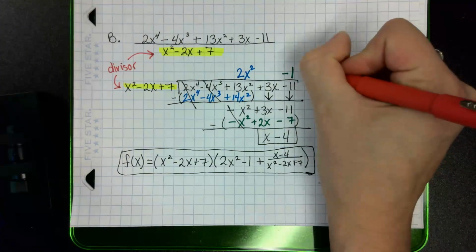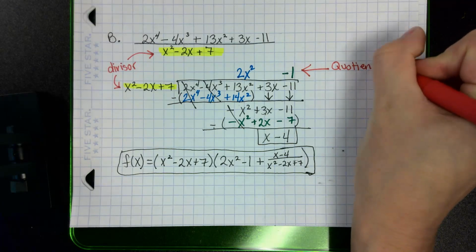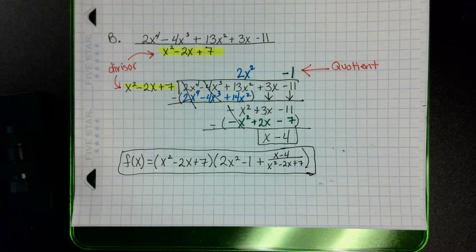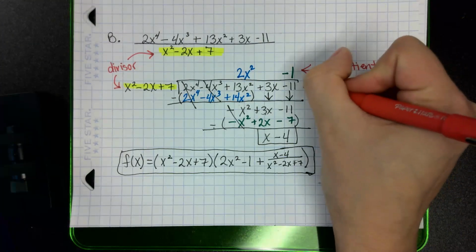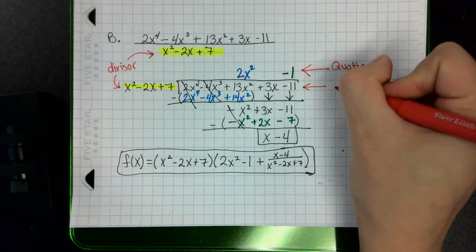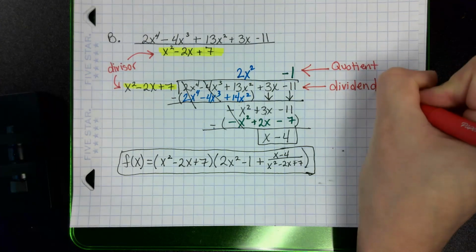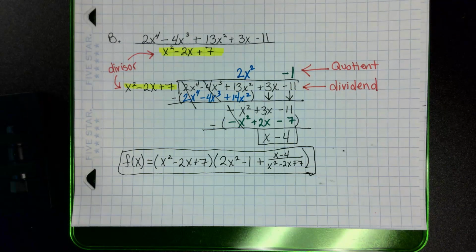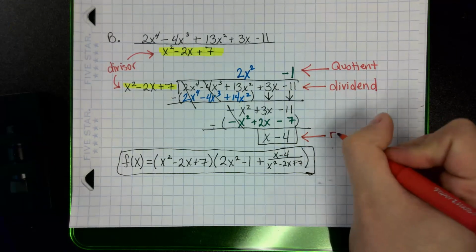It's what's on top after we divide. What we divided, what's inside the division house, that's the dividend. What's left over after dividing is the remainder.